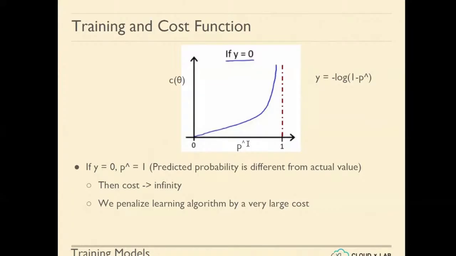Let's say p hat is 0.99, which means the model is saying with very high confidence that the input belongs to the positive class. So 1 minus 0.99 gives you a small value, and log of a very small value, log 0, is infinite. So in the output we will get a very high value. Any doubt here?